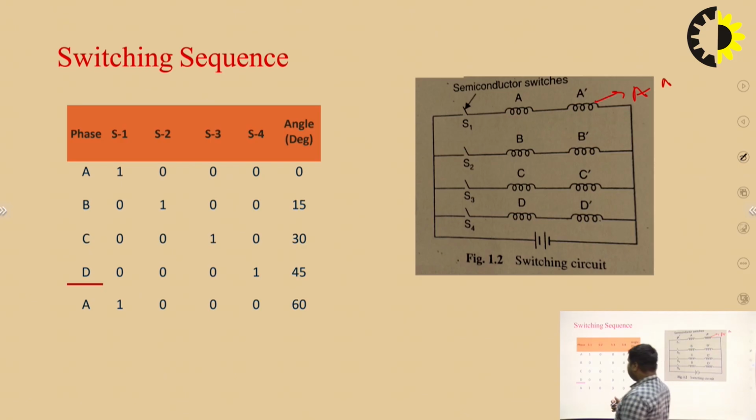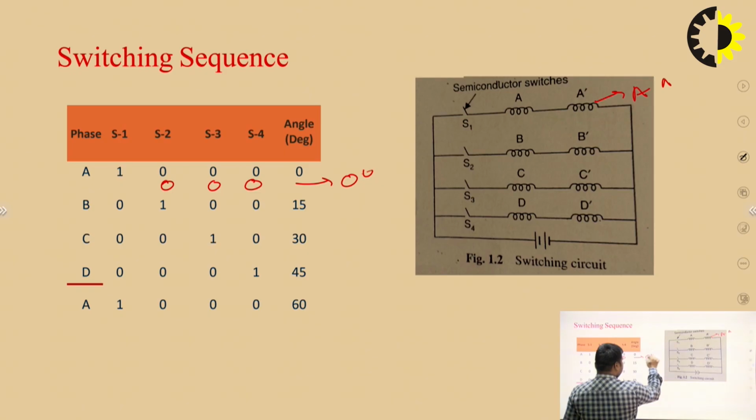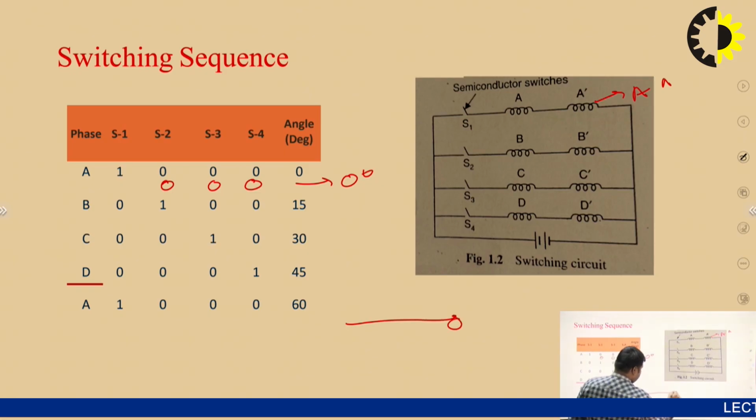In this case, when phase A is energized, A and A dash are in the excitation condition, and switch 1 is closed. The other switches are open, so their values are taken as 0. The rotor is at the 0-degree condition.